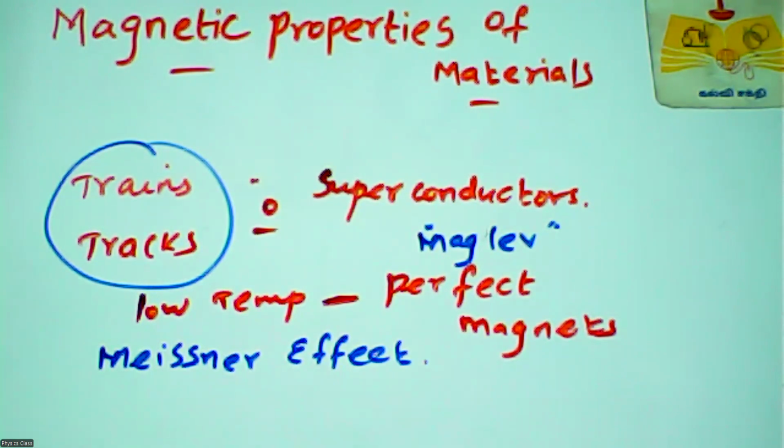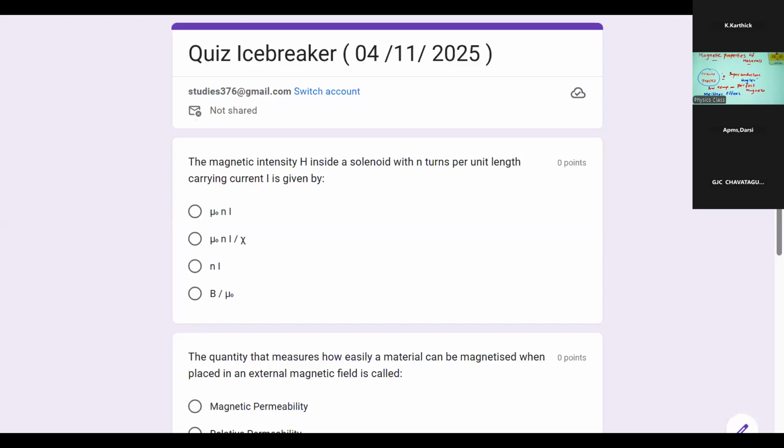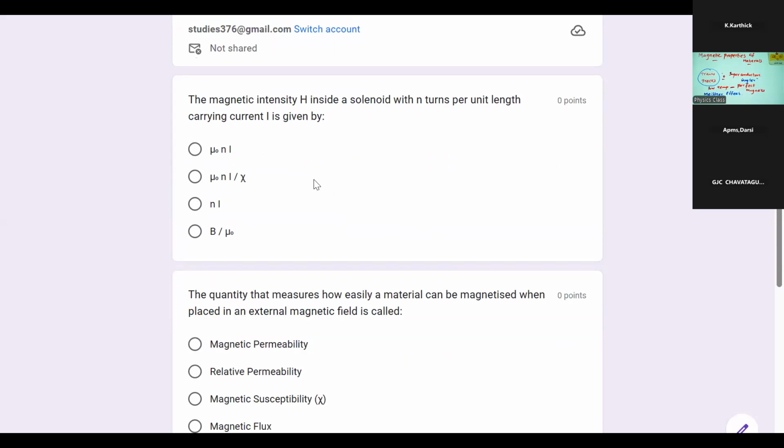Clear? Okay. So let's quickly warm up our brains with a quick 3 question MCQ. I will share the screen. This is a quiz icebreaker, used to recall your previous classes.